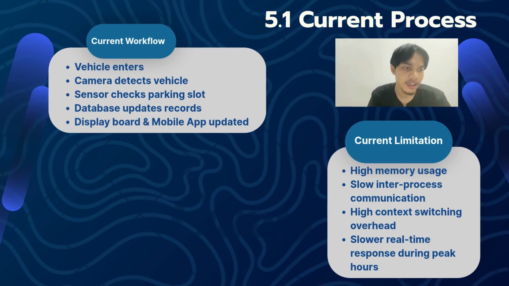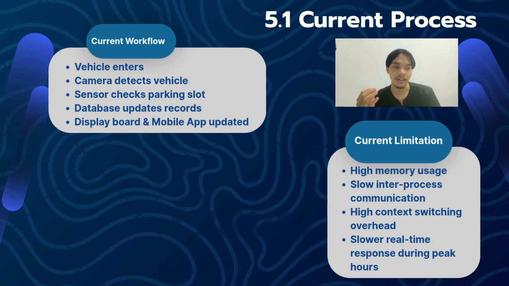Then we are going to see the current limitation of the system. So firstly, the system uses high memory, resulting in a laggy system. After that, slow inter-process communication that can happen during peak hour will cause delay or misinformation among the system.